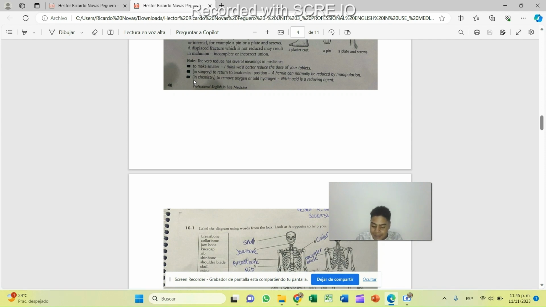In chemistry, to remove oxygen or add hydrogen, nitric acid is a reducing agent. A plaster cast, a pin, a plate and screws.